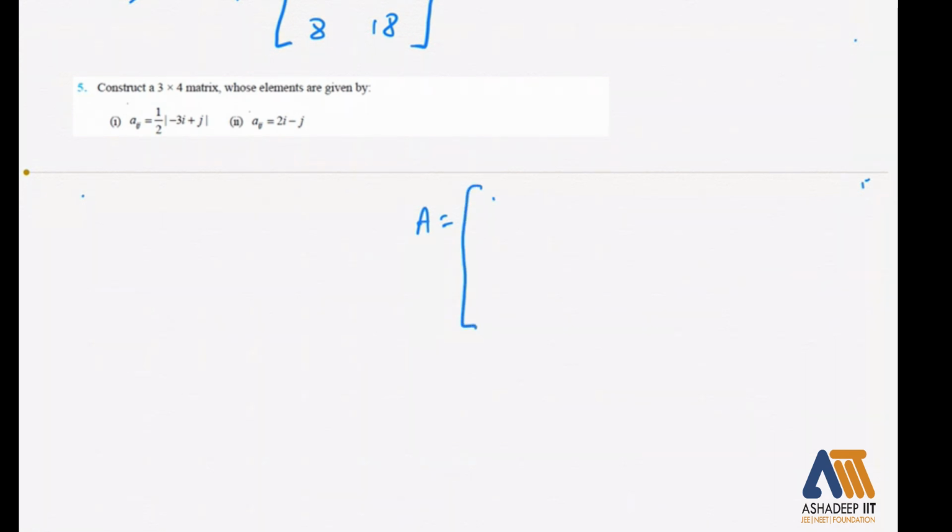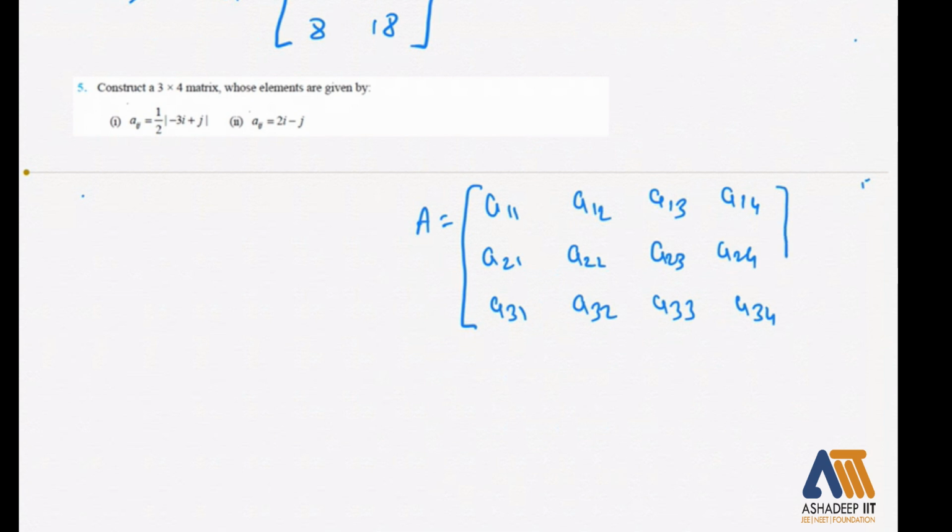So there are 12 elements: A11, A12, A13, A14, A21, A22, A23, A24, A31, A32, A33 and A34.